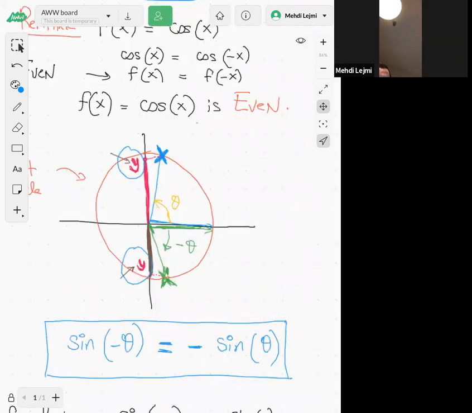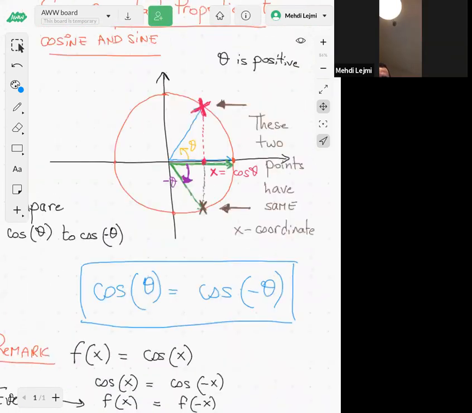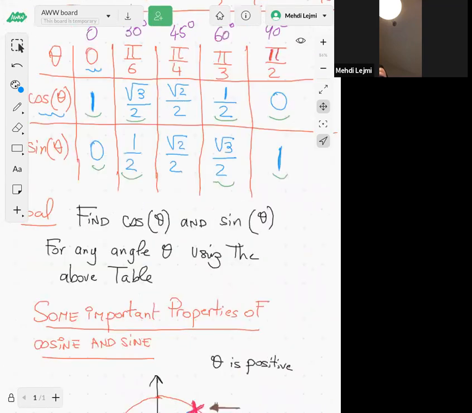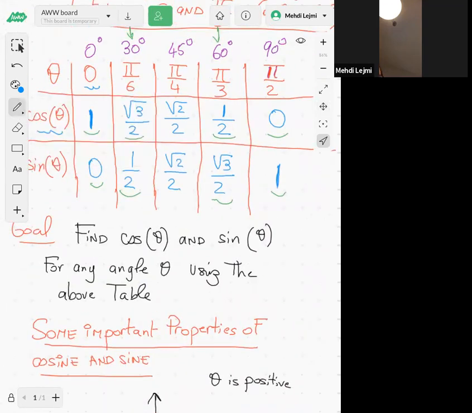So here you go to this table. Here's my pi over 3. That's my reference angle, and I'm interested in cosine. So cosine of pi over 3 would be this half here.